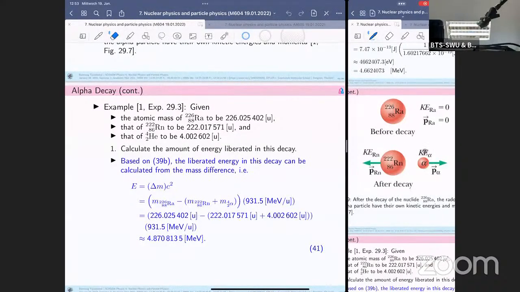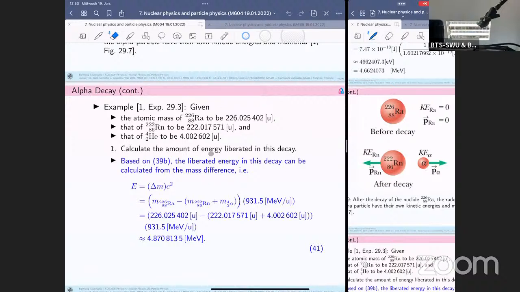That's the whole thing we're going to see in this example, in this problem. They want to know the energy liberated, the energy that is transformed from the mass that disappears in this process.